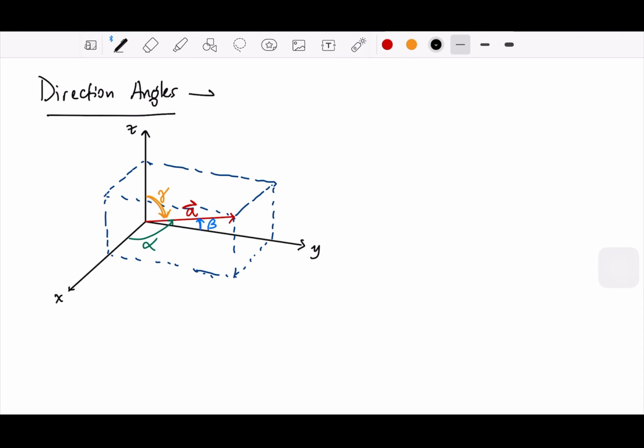Now, the direction angles are the angles alpha, beta, and gamma on the interval from 0 to pi.